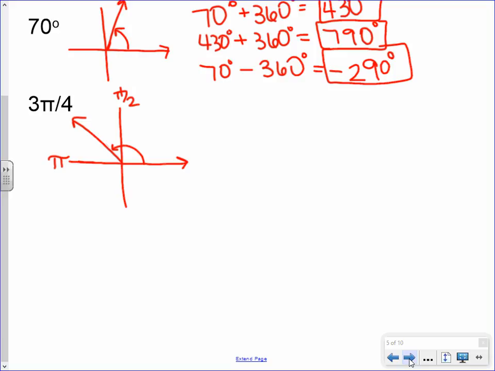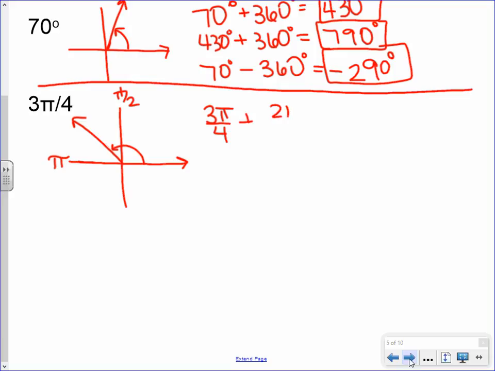Okay. So if we want a coterminal angle, how are we going to find that? In this example, we added 360 degrees. And what are we going to add instead? We're going to add 2 pi. Okay? You can either physically make common denominators or think of 2 pi as 8 pi over 4.